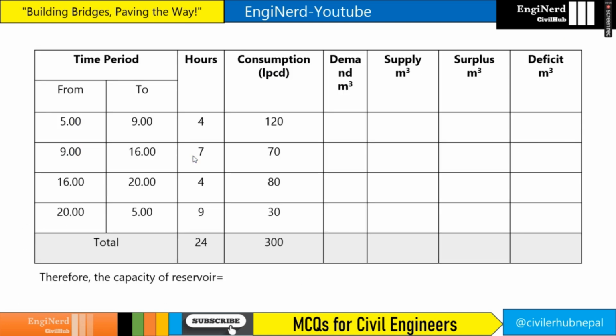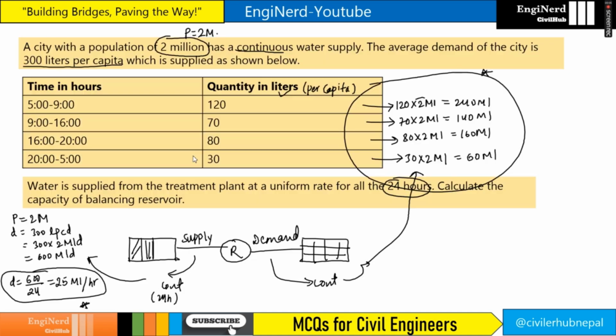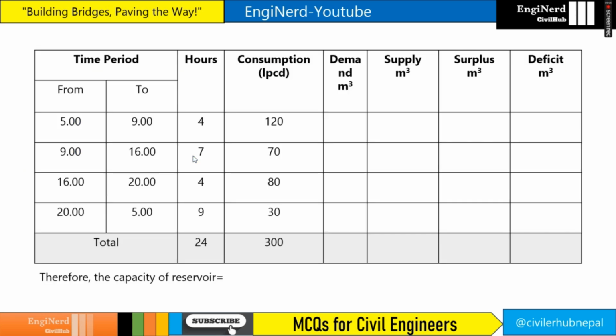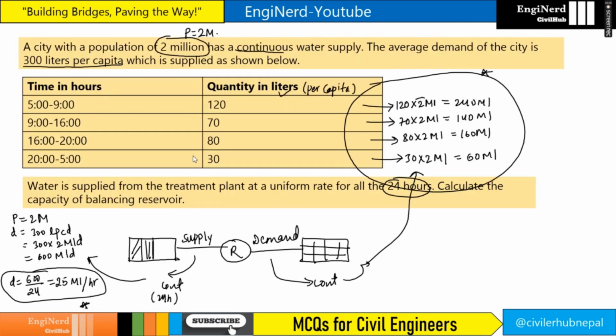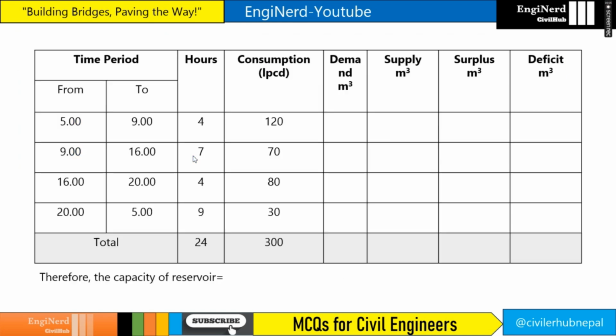Let's go. If you see here, in the table, you can find the exact same time period range as in the table given, and the time hours are for the time periods. And consumption is given as 120, 70, 80, 30 liters per capita.